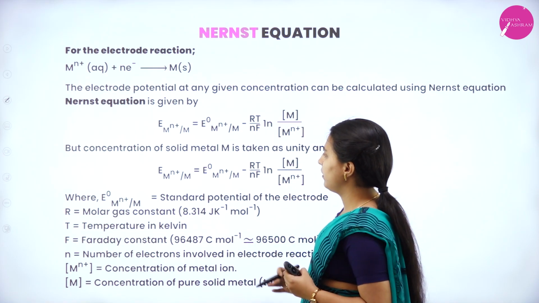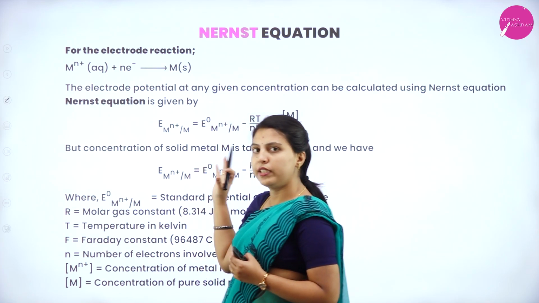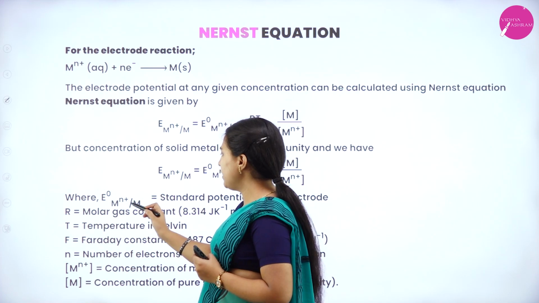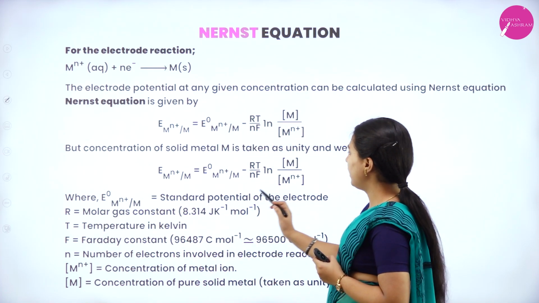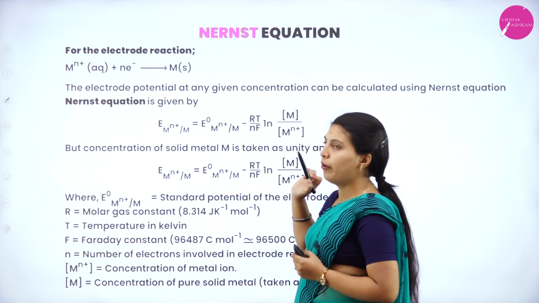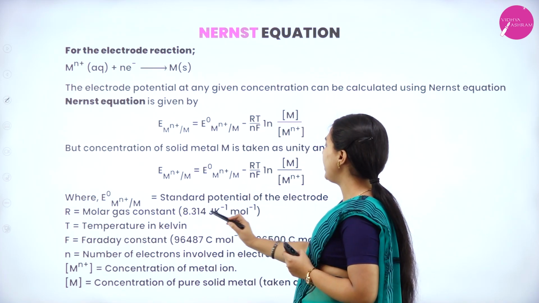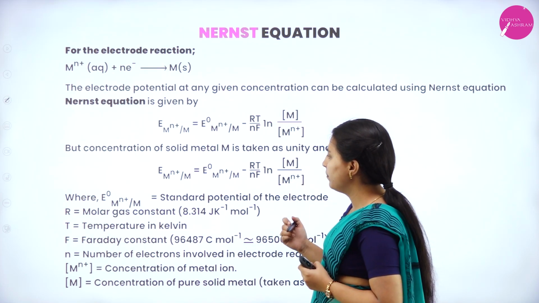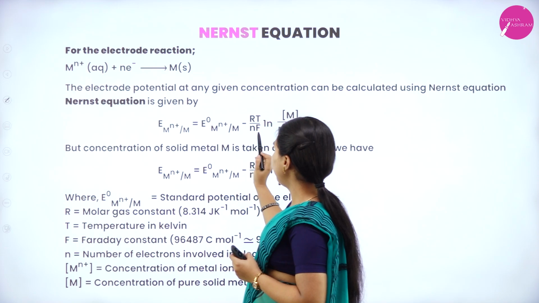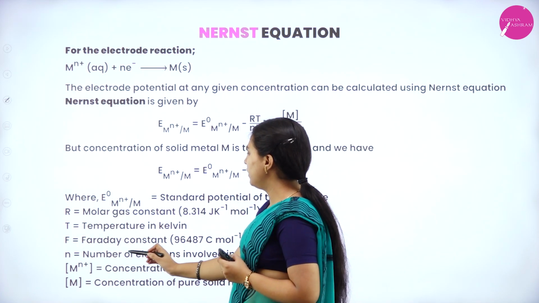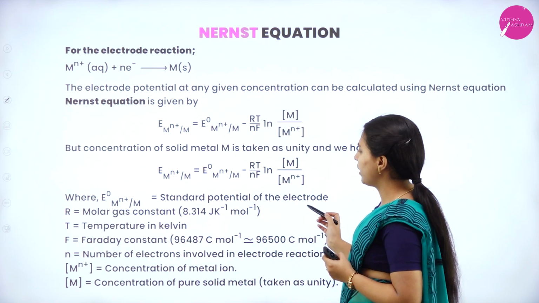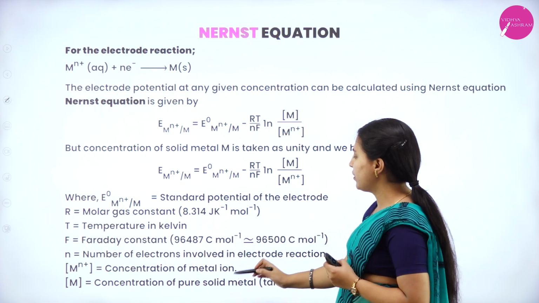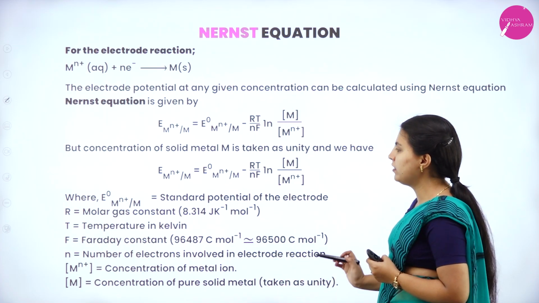We have written the same equation, but what are the terms and what do they refer to? E0 of Mn+/M is the standard potential of the electrode, R is the molar gas constant having the value 8.314 joules per kelvin per mole, T is temperature in Kelvin, F is the Faraday constant, n is the number of electrons involved in the electrode reaction, Mn+ is the concentration of metal ion, and M is the concentration of pure solid metal, taken as unity.